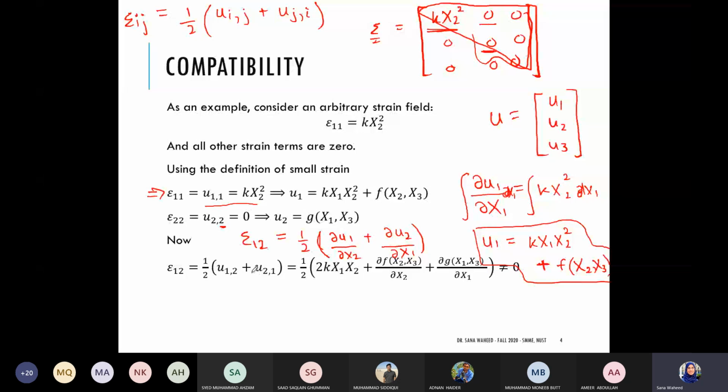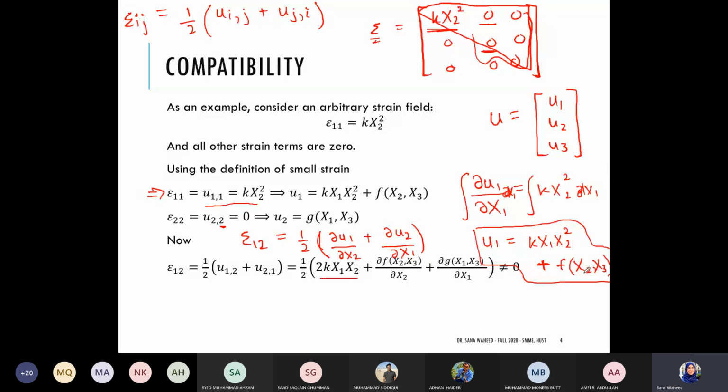And when I do that, sorry, it got a bit cluttered, but look carefully. First, del u1 with respect to del x2: I found the expression earlier, so let me partially differentiate it with respect to x2. What do we get? The 2 will come down, so I get 2k x1 x2. That is one term, 2k x1 x2. Then I have this function of x2 and x3.